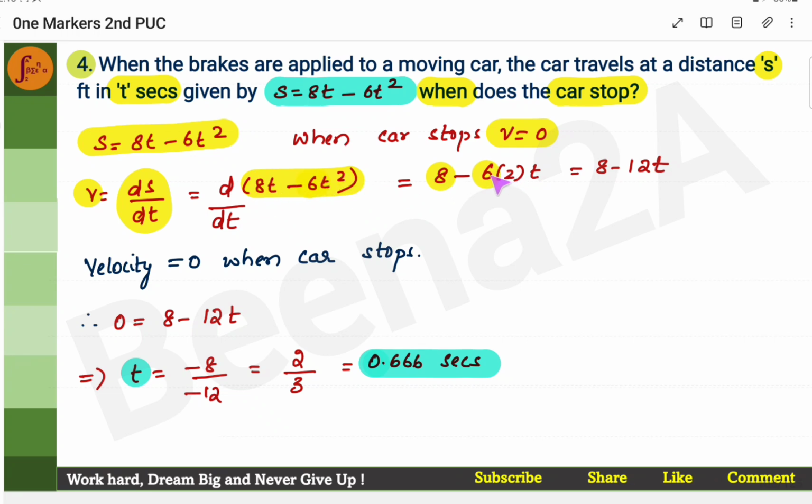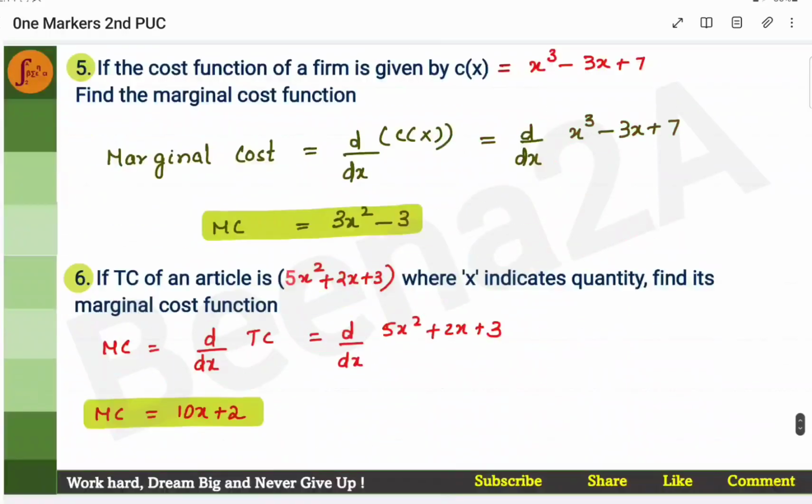Differentiation of 6t square is 6 into 2 into t. So you get this particular derivative. Now the car stops, so velocity is 0. Equate this particular expression to 0. So you'll get time. Time is 2 by 3 seconds or 0.666 seconds.